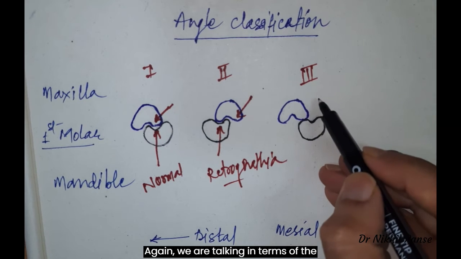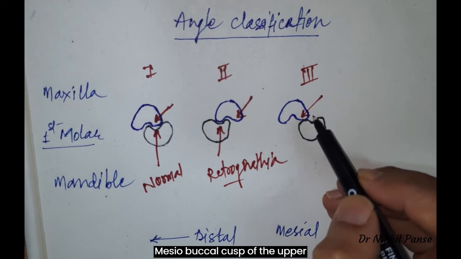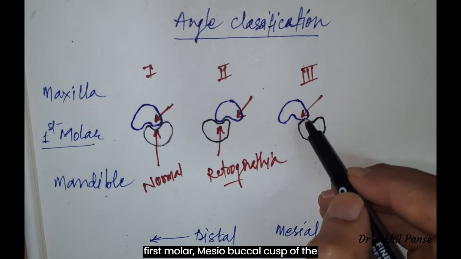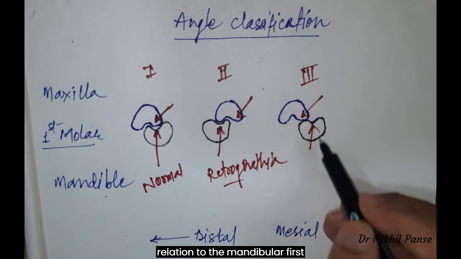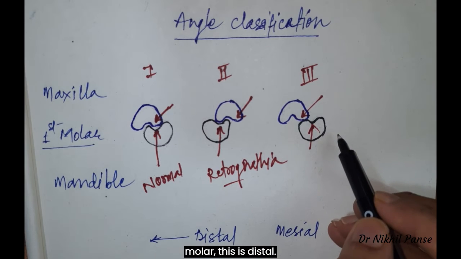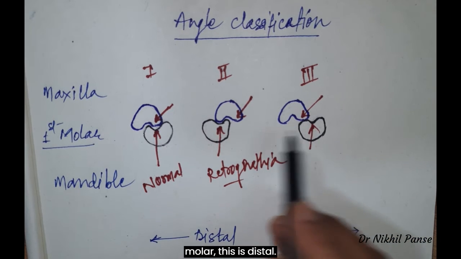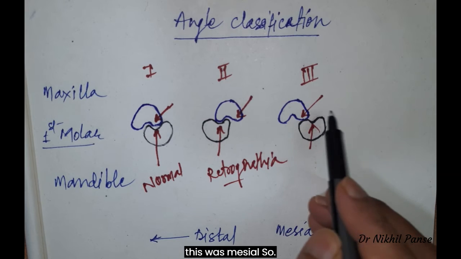Now coming to class 3 classification. Again we are talking in terms of the mesiobuccal cusp of the upper first molar in relation to the mandibular first molar. This is distal. So this was mesial.